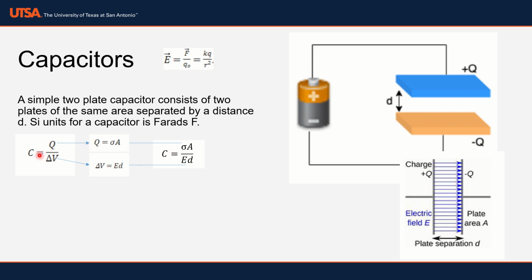We can rewrite this equation, so now it becomes this. C is equal to Q, but we're using different symbols because Q is equal to your area times your charge density. And now we have the electric field times the distance. Again, this is the equation I just said.